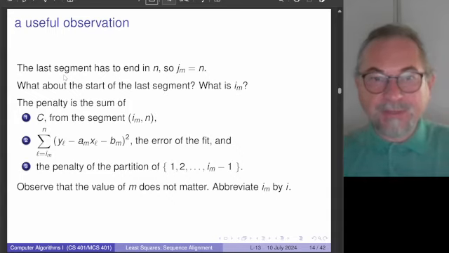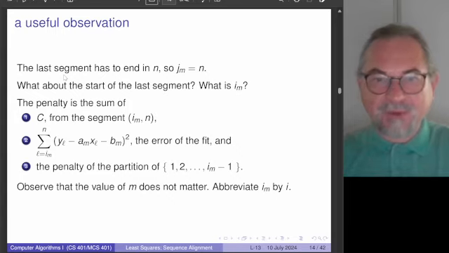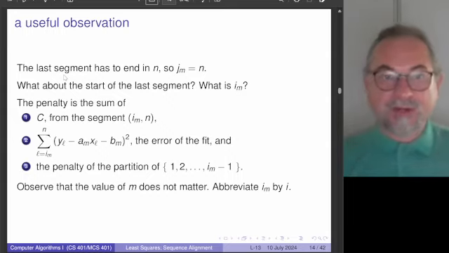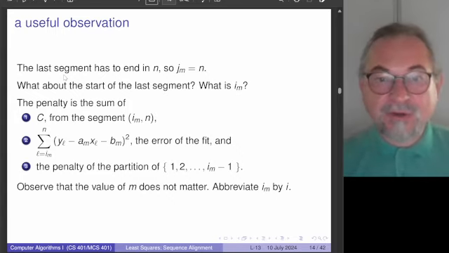If the extreme choice again is when i of m is n minus 1, that will immediately give many segments. And then we also have the error of the fit. If we have i of m, the start of the last segment, equal to 1, we actually choose everything. So you can kind of see what we'll have from the penalty.